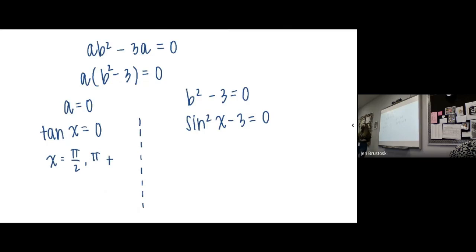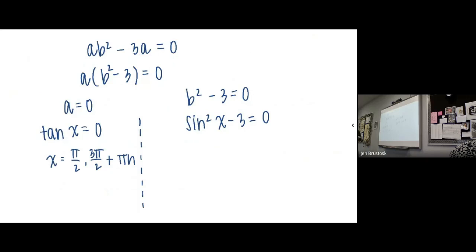And then what's the period of tangent? Pi. So we're going to add pi in. Oh, you know what? This should be pi over 2 and 3 pi over 2. Pi is the point of negative 1, 0, so it's undefined there.